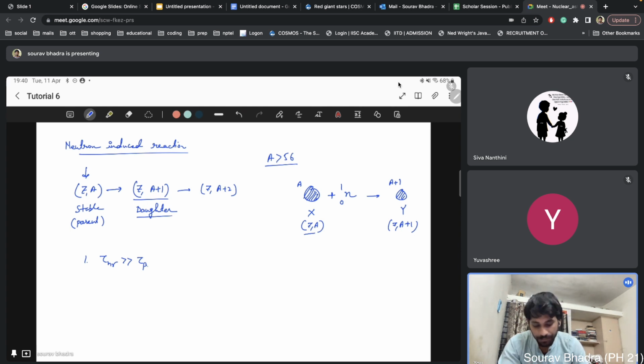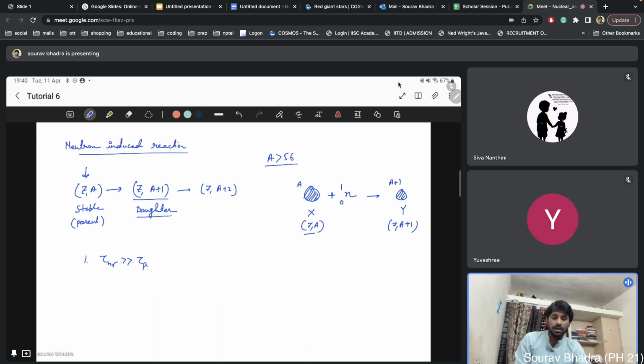Now if your time scale of beta decay, which is tau beta, is much shorter than the time for another neutron capture reaction, okay, so this is the time required for another capture of a neutron, that means for this second step to happen, and this is the time of the beta decay.